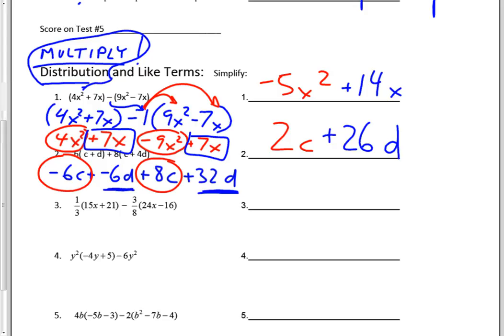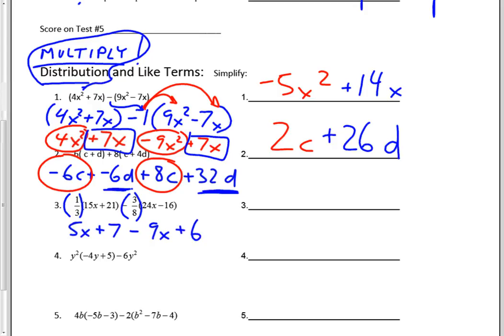Once you've done the multiplication, now it's just like the problems above. Keep these as fractions. Do 1/3 in parentheses. I would do this. Keep it in parentheses. That's a -3/8. Multiply it, you will get 5x plus 7 minus 9x plus 6.